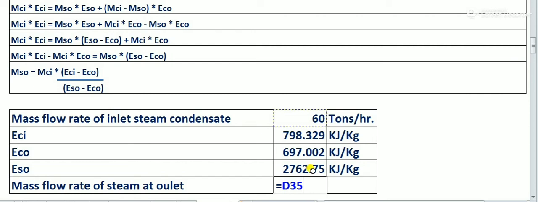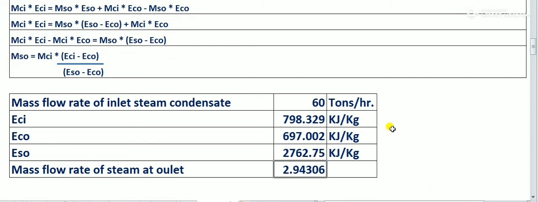Mass flow rate of steam at the inlet, 60, into the enthalpy of condensate inlet, 798.329, minus the enthalpy of condensate outlet, 697. Very simple, only a 2-minute job, can find out easily. Steam outlet is 2762, we only need the steam table, and condensate outlet is 697.002.